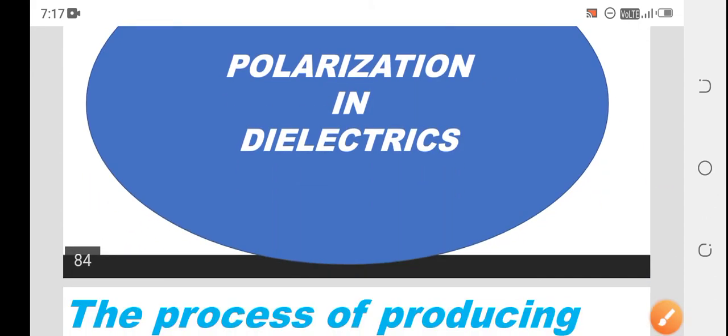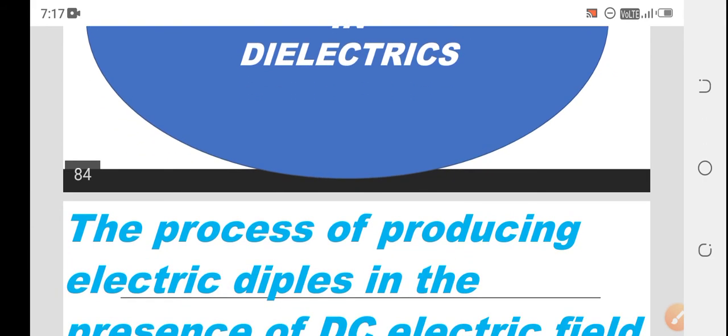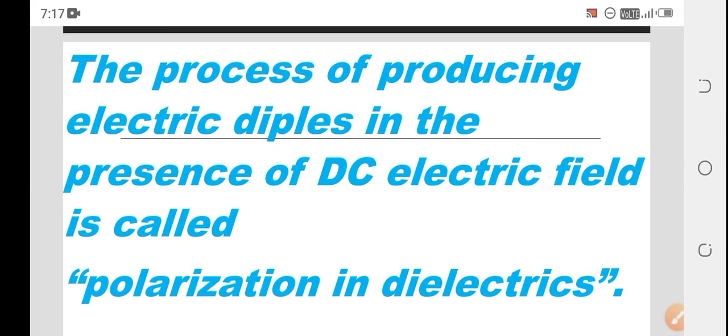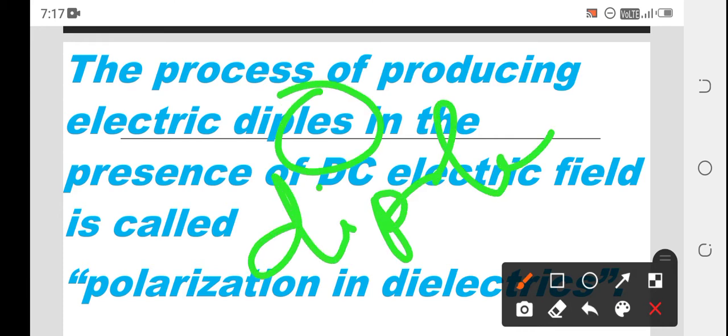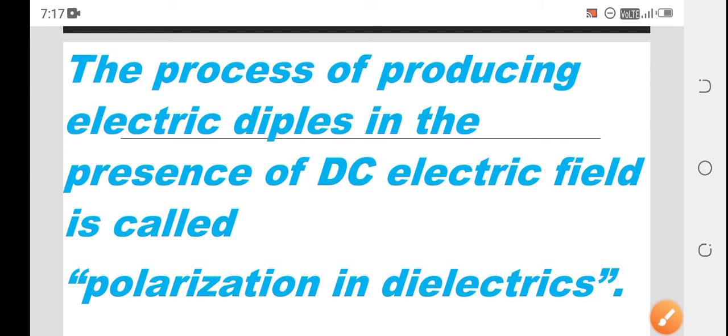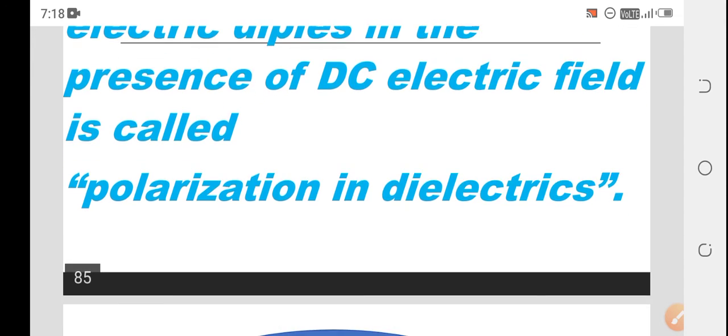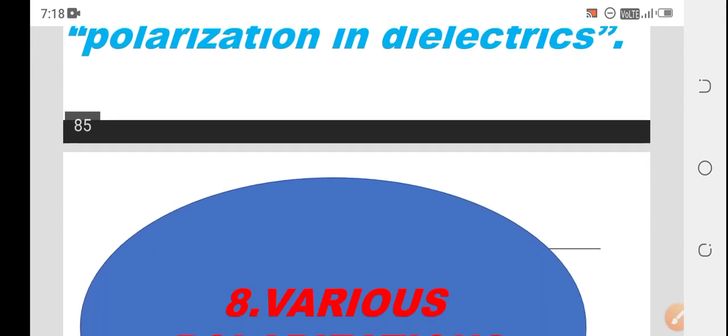Polarization in dielectrics. What is polarization in a dielectric? The process of producing electric dipoles in the presence of a direct current or DC electric field is called polarization in dielectrics.